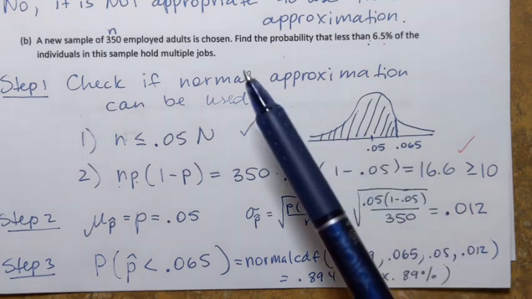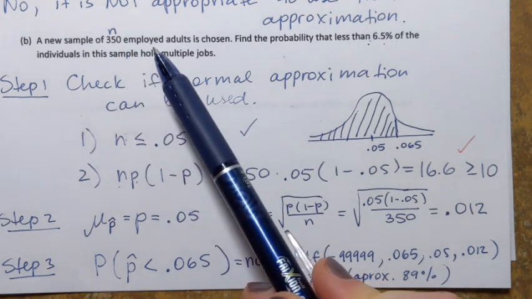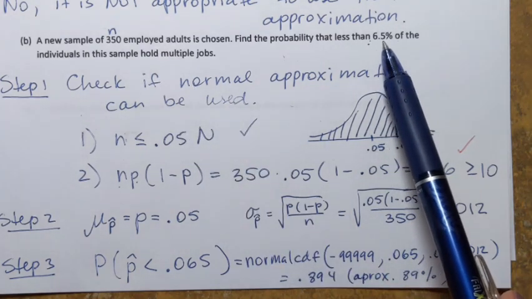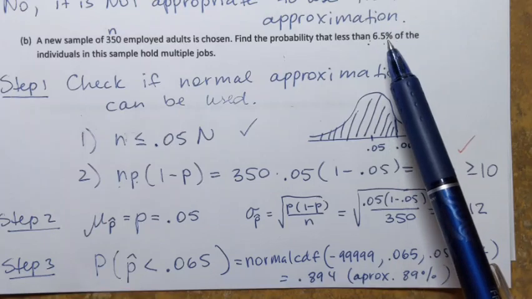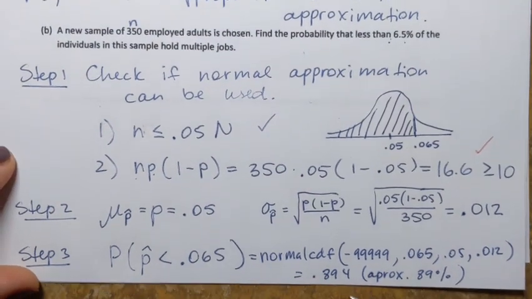So what is 89% chance? That's the chance that in the random sample of 350 employed adults, less than 6.5% of them will have multiple jobs. So that's the meaning. Or I can interpret it this way.